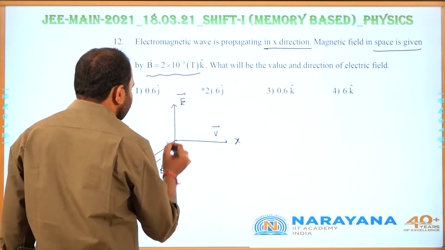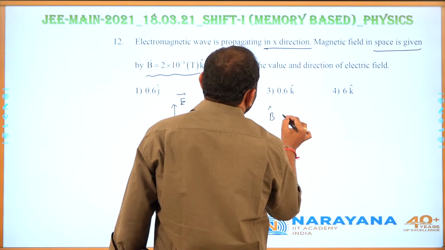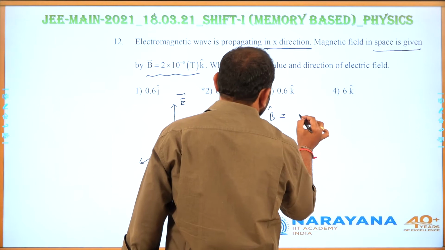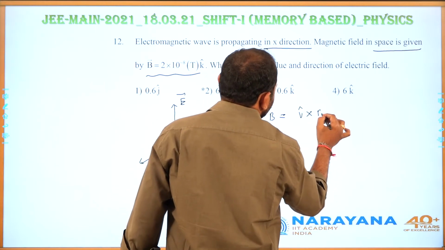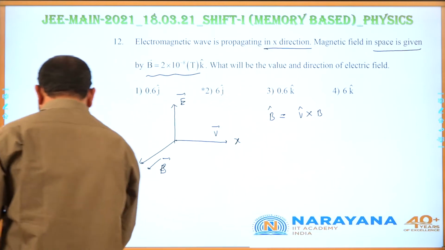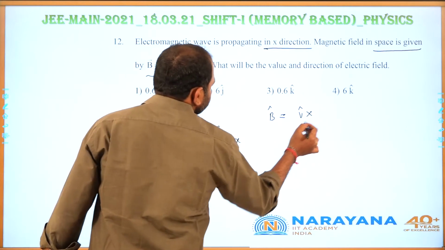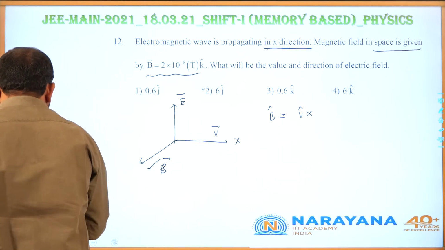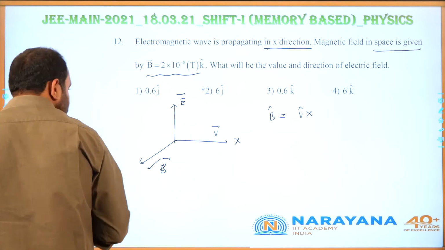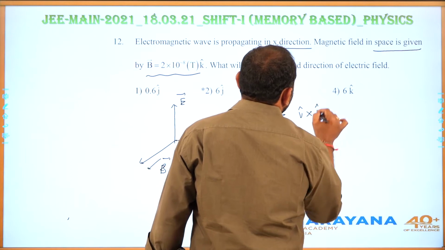Or we can write the direction of the magnetic field as the direction of propagation cross the direction of electric field, V cap cross E cap.